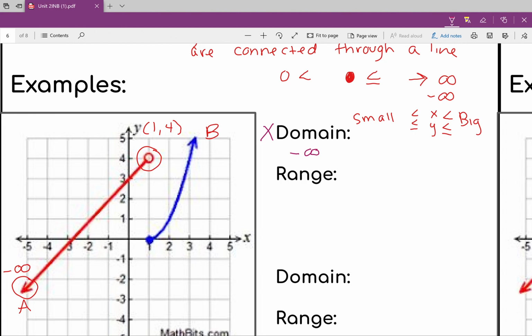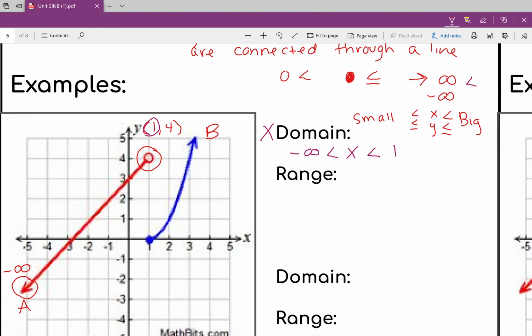And since it has an arrow, I'm going to use the less than symbol. I forgot to write that up here: when we use the arrow, we use that less than symbol. So less than x, because domain is x. Then since we have an open circle, this is going to be less than, and our x value here is 1. So that's my answer for domain.